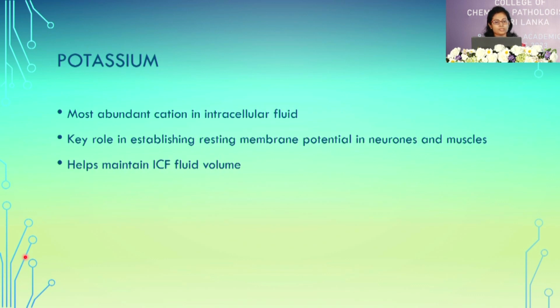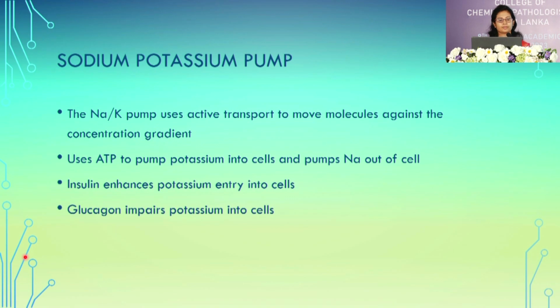Potassium is the most abundant cation in ICF. It has a key role in establishing resting membrane potential in neurons and muscles, and it helps maintain ICF fluid volume. At a cellular level, sodium and potassium are maintained by the action of the sodium-potassium pump, which uses active transport to move molecules against the concentration gradient.